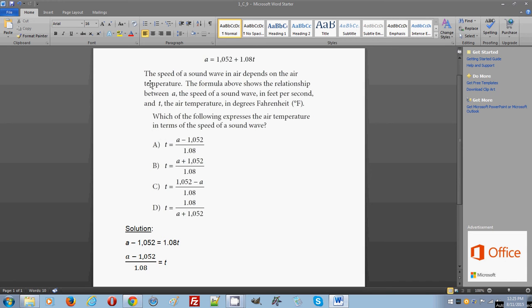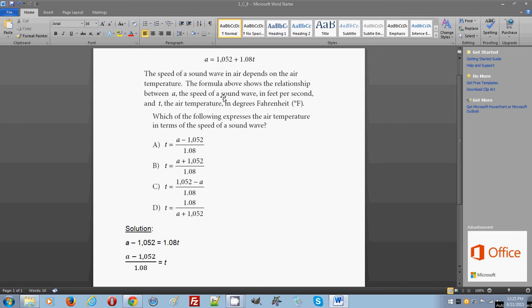The speed of a sound wave in air depends on the air temperature. The formula above shows the relationship between a, the speed of sound wave, and T, the air temperature. So the speed of a sound wave is given by a, in feet per second, and T is the air temperature in degrees Fahrenheit.